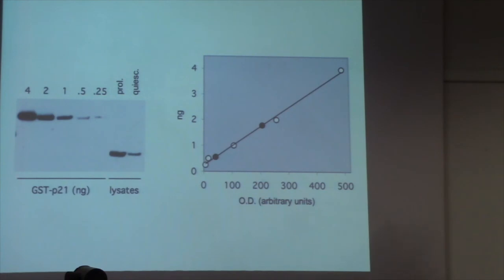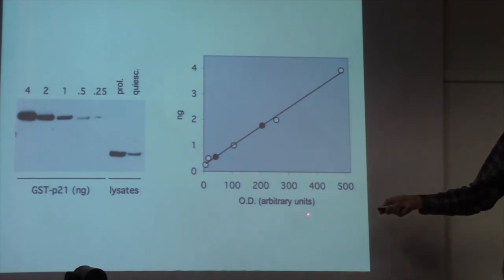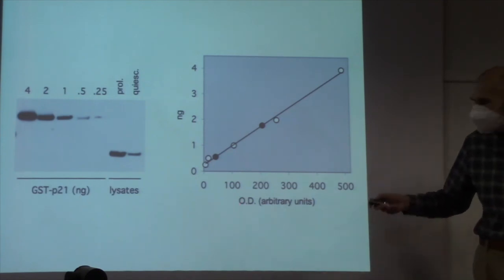But then the interesting part comes. You take the measured volume of this band and you put it on the graph. The volume is here. Here is the dot. The dot corresponds to 210, say, arbitrary units, or volume, whatever they are.